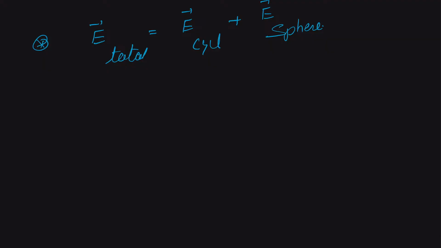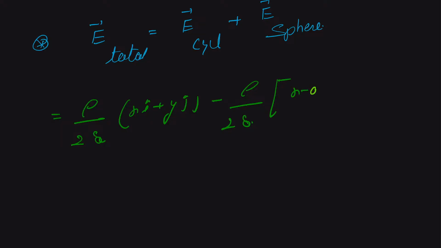We get rho upon 2 epsilon naught (xi plus yj) minus rho upon 2 epsilon naught ((x minus a) i unit vector plus y j unit vector plus z k unit vector).